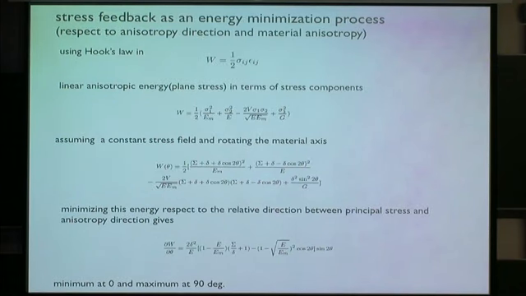Starting from a linear energy, we can parameterize it in a constant stress field, assuming that the stress field is completely constant. And now we rotate the material and we measure the energy, assuming that the stress can be isotropic or anisotropic, and the material can have different degrees of anisotropy.